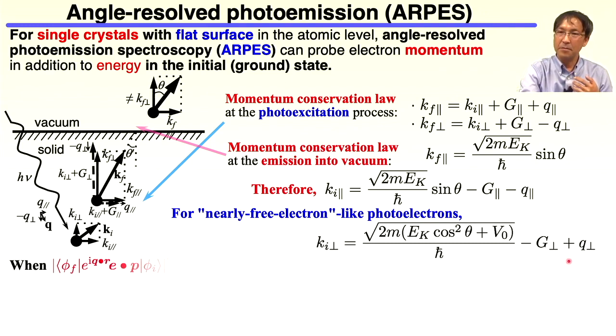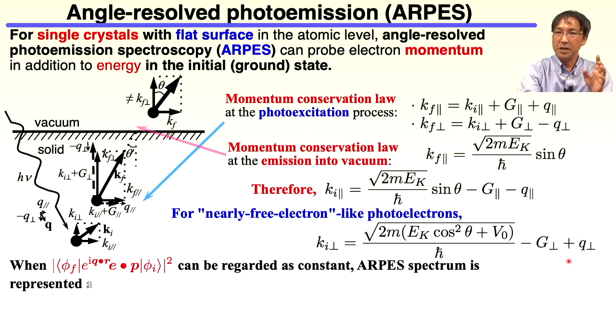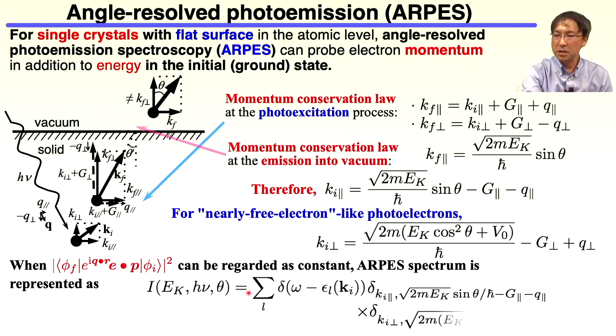Then, when the E·p term representing the transition probability can be regarded as a constant for simplicity, the ARPES spectral function is expressed as this formula. Here the index L stands for the band.